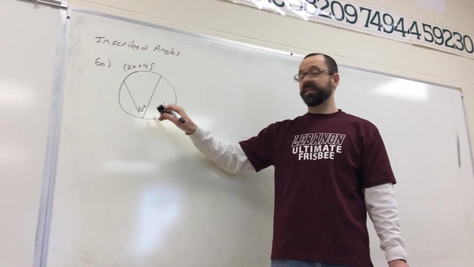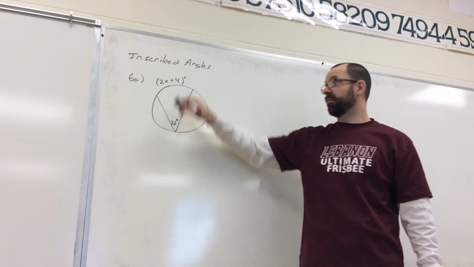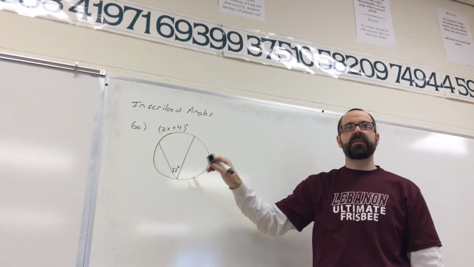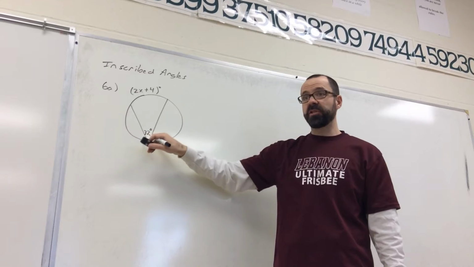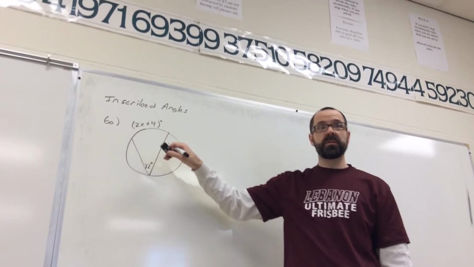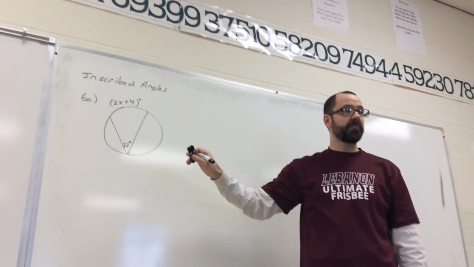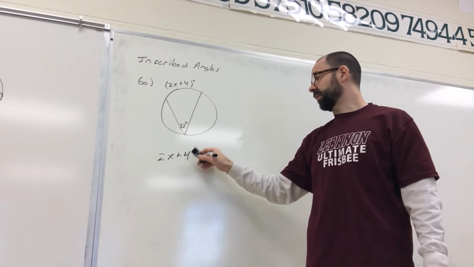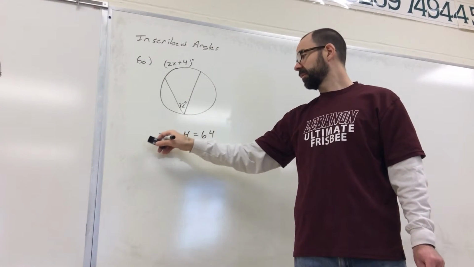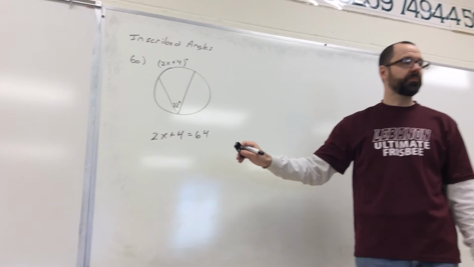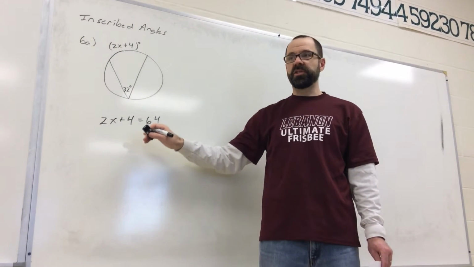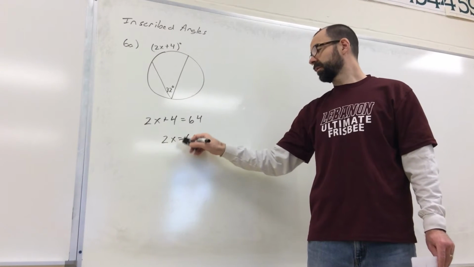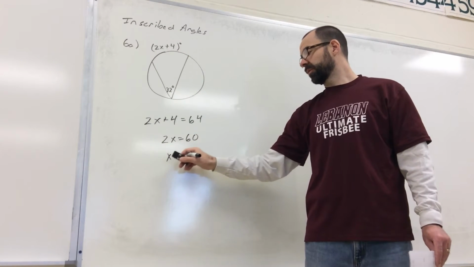So it's this that is half of that, and you just got it mixed up and thought that this was half of that. So if this is 32, then that's going to be 64, twice as big. So 2x plus 4 equals 64. And then you just subtract the 4 to the other side, and then divide by 2.